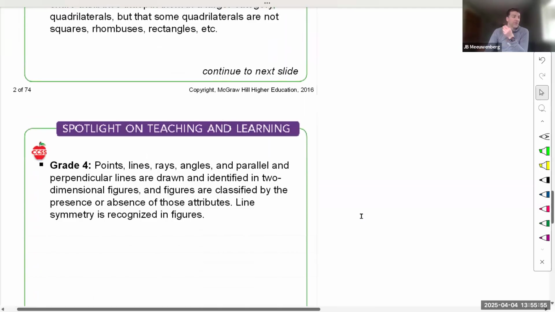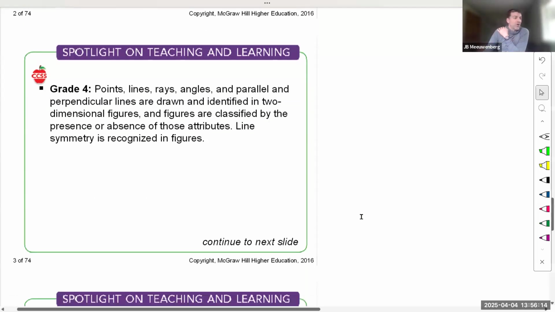And then grade 4, you start to build that terminology, points, lines, rays, angles, etc. Again, there's a classification that goes along with these things, right? So much of learning math is about learning how to think critically, think analytically, put things in categories, make observations. That's what mathematical thinking is all about.